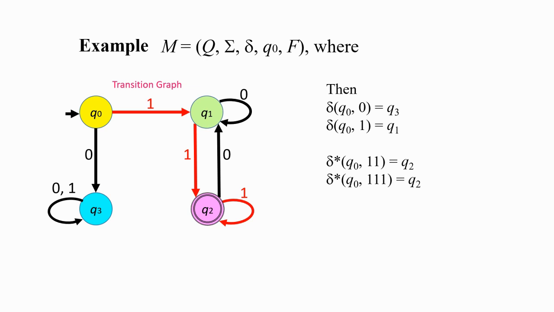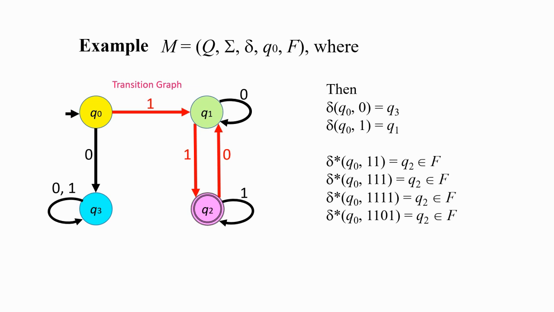Delta star with Q0 and 1, 1, 1, it goes to Q2. Delta star with Q0 and 1, 1, 1, 1, it also goes to Q2. And delta star Q0, 1, 1, 0, 1 also goes to Q2.